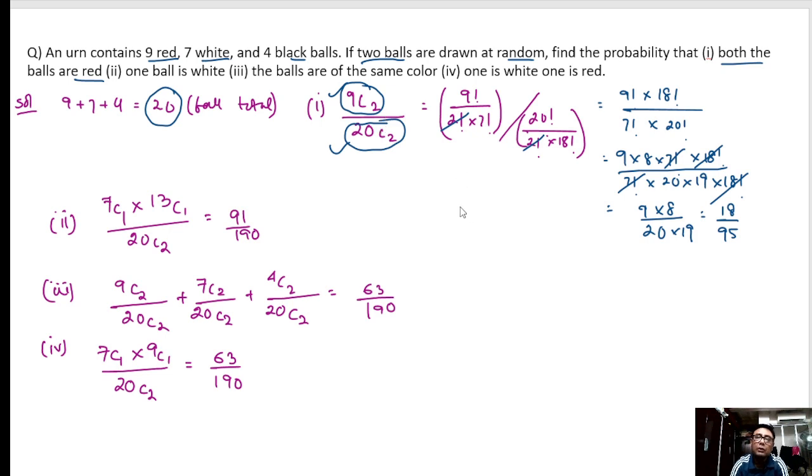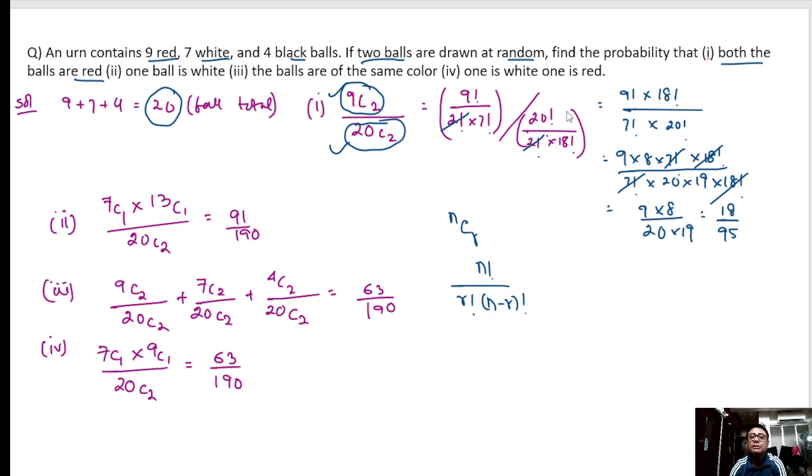So please watch one thing. nCr is actually n factorial by r factorial into n minus r factorial. Okay, so 9C2, how can I write? 9 factorial by 2 factorial into 9 minus 2, 7 factorial.